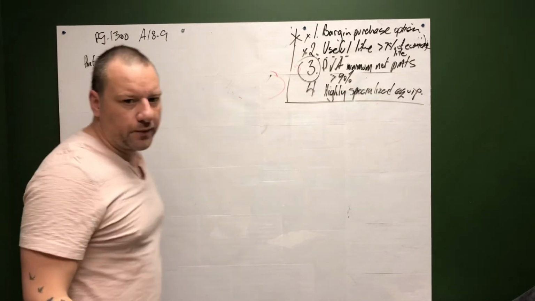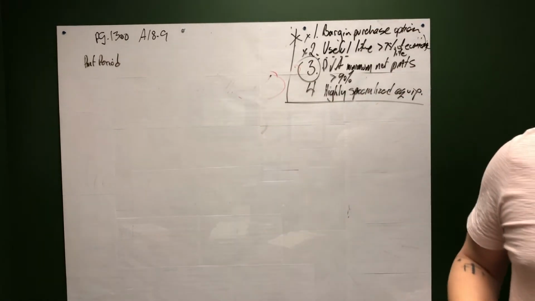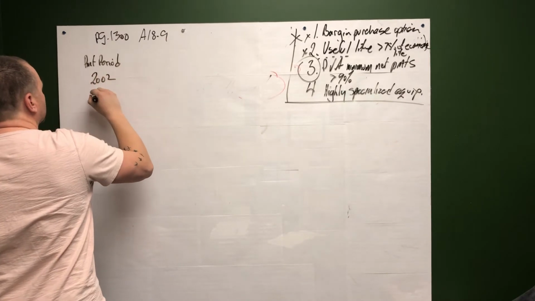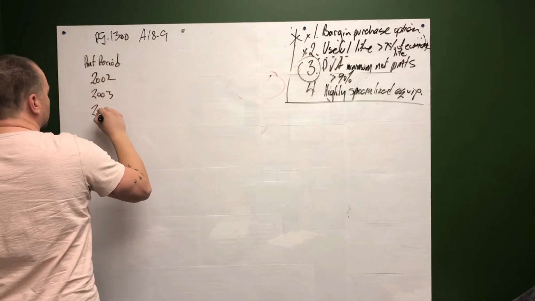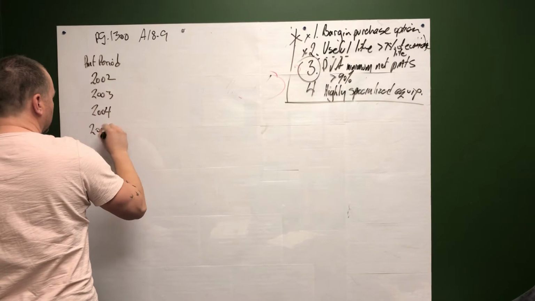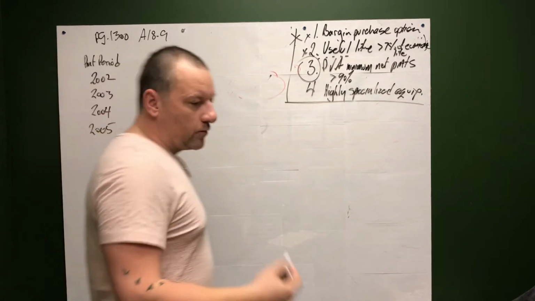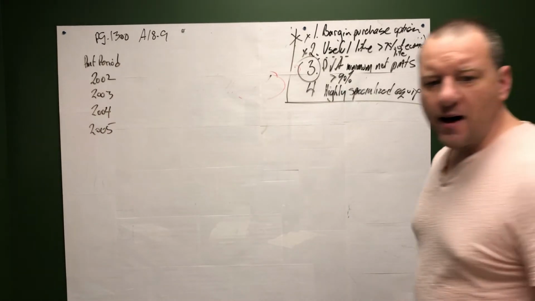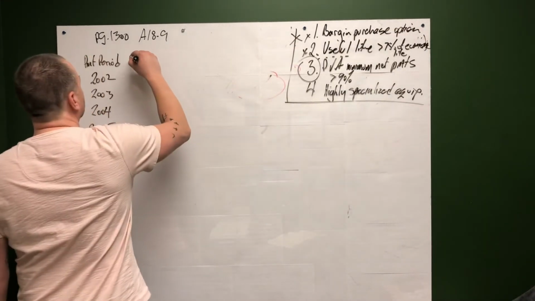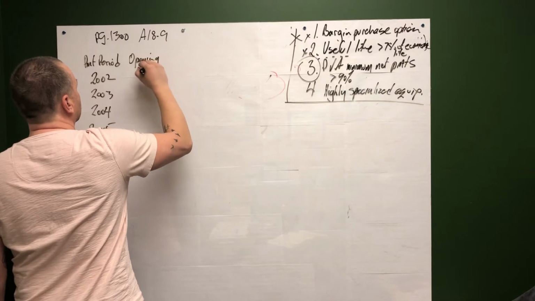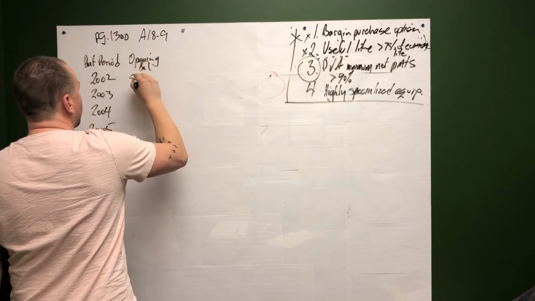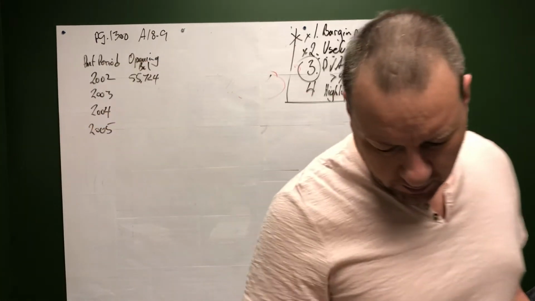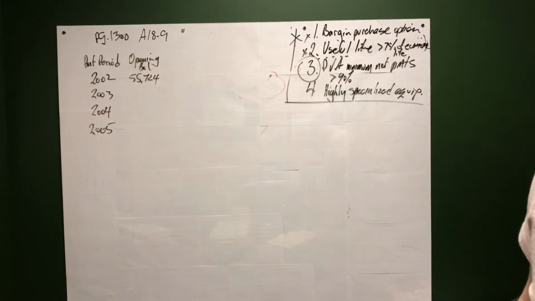So we have our payment period, 02, 03, 04, 05. Now, from there we have our opening balance, $55,724. Now this is on the first of the year, April 1.